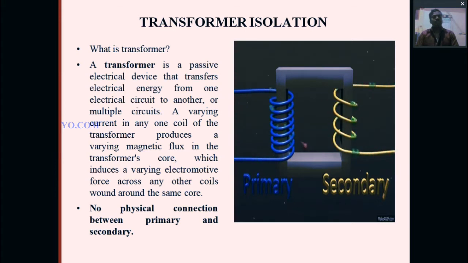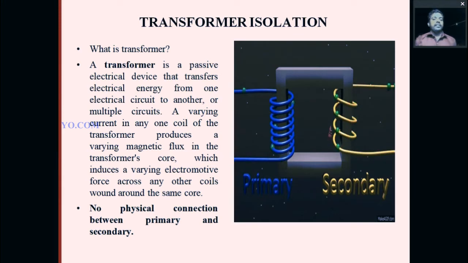The primary winding has a high number of turns and the secondary side has a low number of turns, so this is a step-down transformer. In a step-up transformer it is the opposite: the secondary side has a high number of turns and the primary side a lower number of turns.